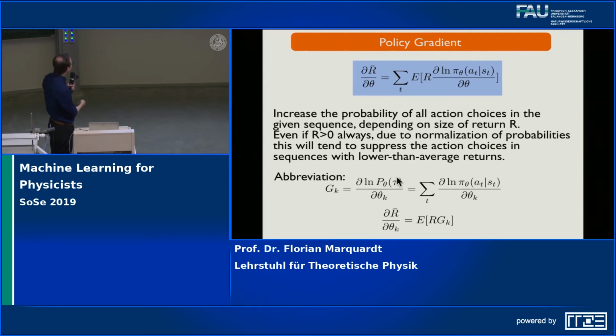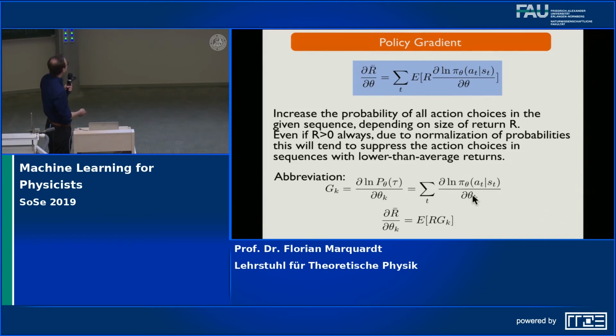And taking the logarithm is a very smart move, not only because it also occurs here, but the logarithm of a product is, of course, as you know, the sum of the logarithms of the factors. And so that's why the sum over times appears here. So this is the sum over times, d log pi theta of this particular time step over d theta.